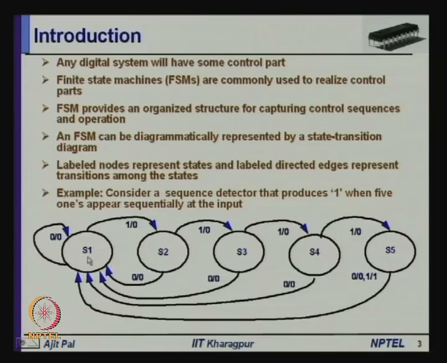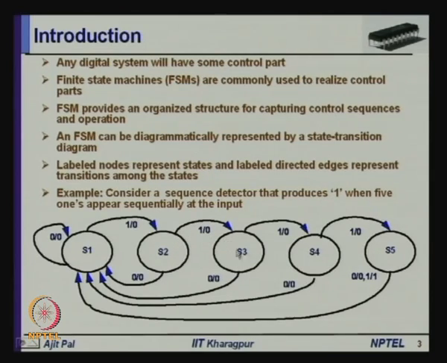So, whenever the machine is in state S1, if a 0 comes, it will remain in S1 and 0 will be the output. Then if a 1 comes, it will go from S1 to S2, but still it will produce 0. Whenever it is in S2, if 0 comes, it will come back to S1 by outputting 0, but if a 1 comes, it will go to state S3 by producing 0.